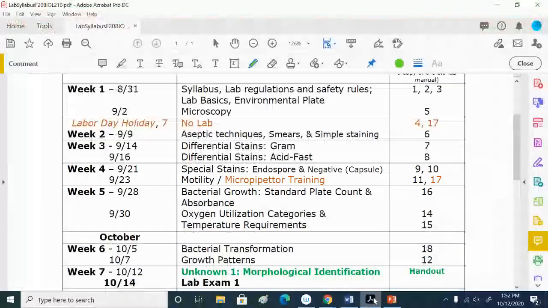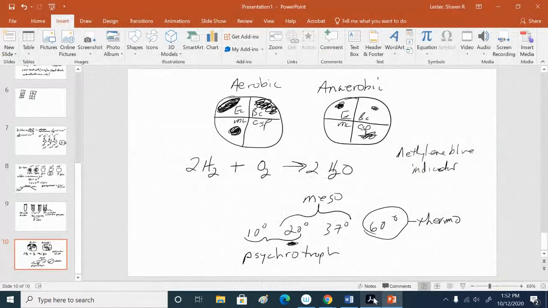And then let's talk about growth patterns next, and we'll finish with transformation. So on the growth patterns, remember for agar cultures, we had consistency and pigment. What were the two consistencies? Mucoid and dry.